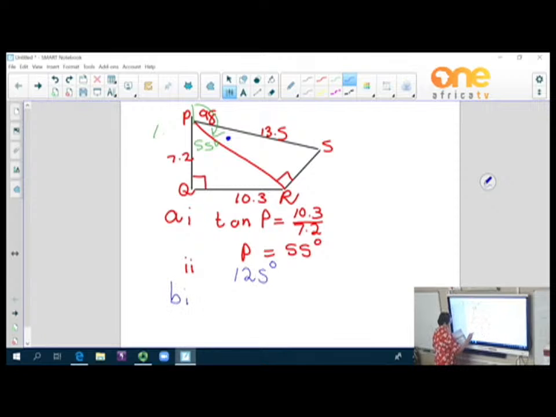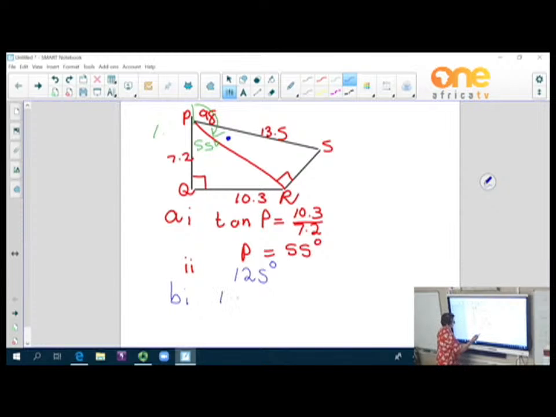Number B. Explain, so the bearing of S from R is 98 degrees. There you have it. And SP is 13.5. Explain why angle RPS is 27 degrees.